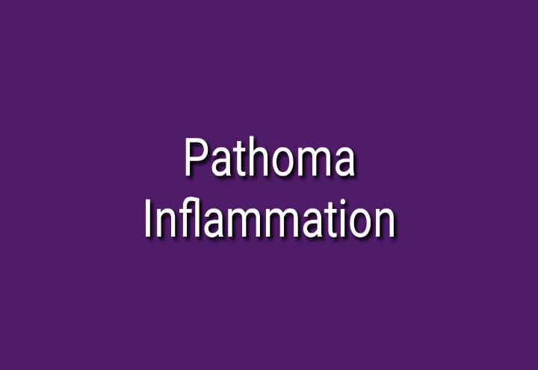And we can also do something called a silver stain, also known as a GMS stain. And the GMS stain allows us to look for fungus. And so whenever we have a caseating granuloma, we want to make sure that the AFB stain is negative and the GMS stain is done as well to ensure that there is no TB and that there is no fungus.